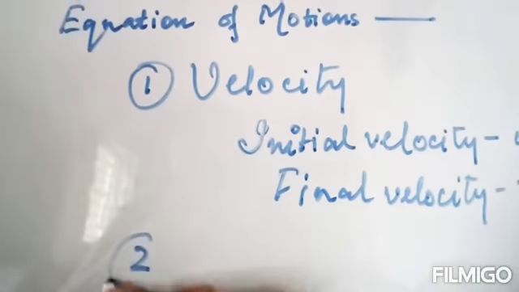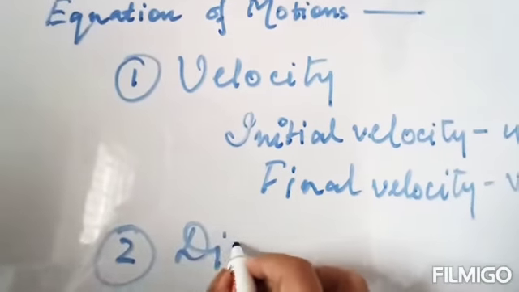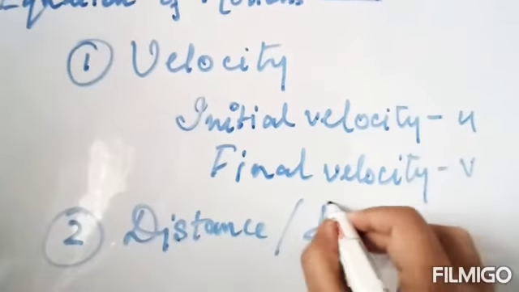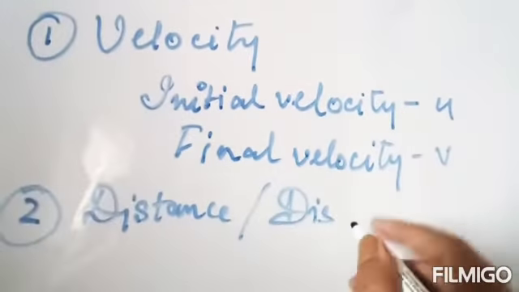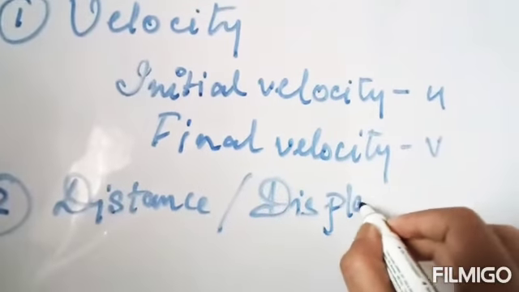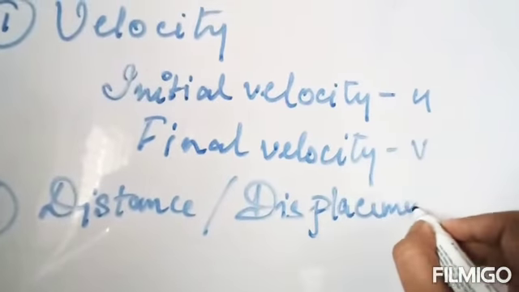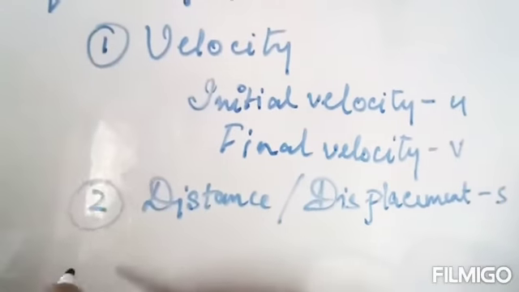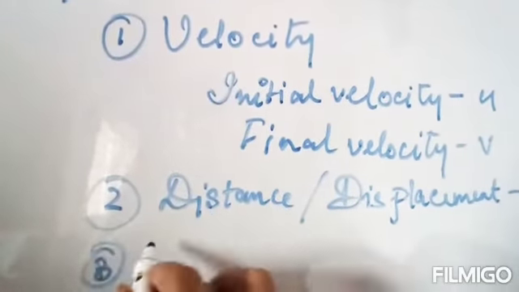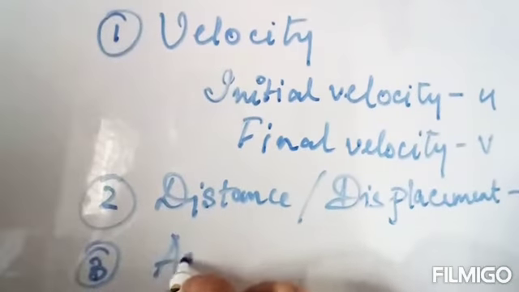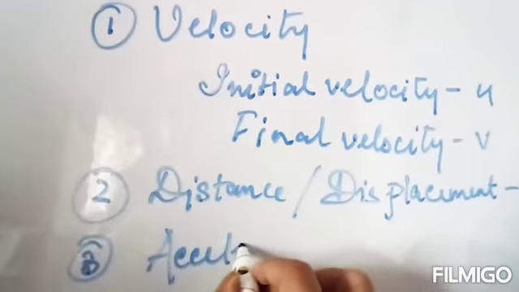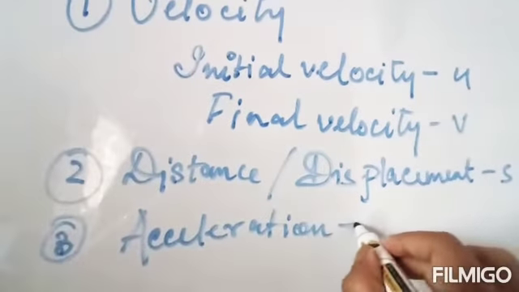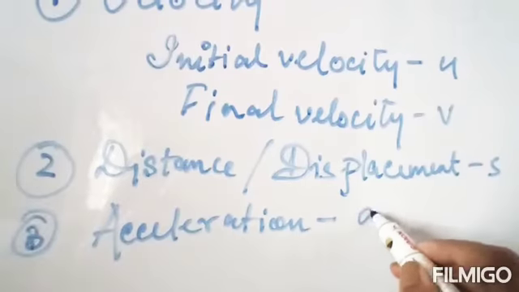We also know distance or displacement, which is denoted by S. Next, acceleration, which is change in velocity with time, is denoted by a.